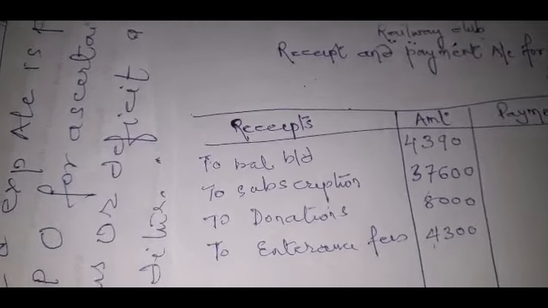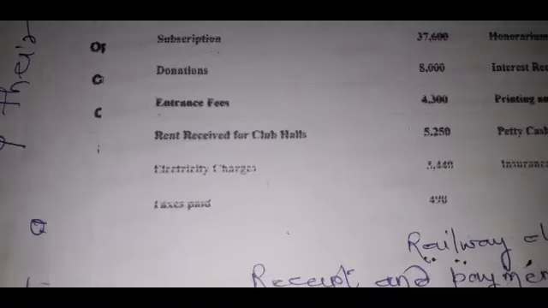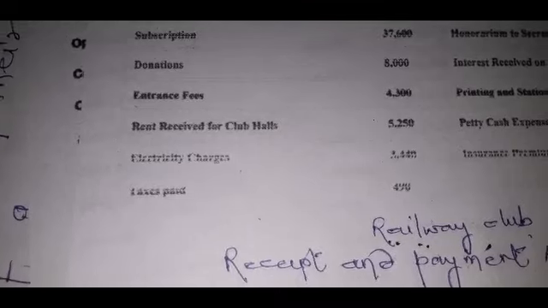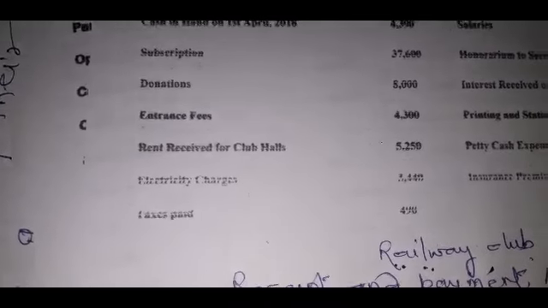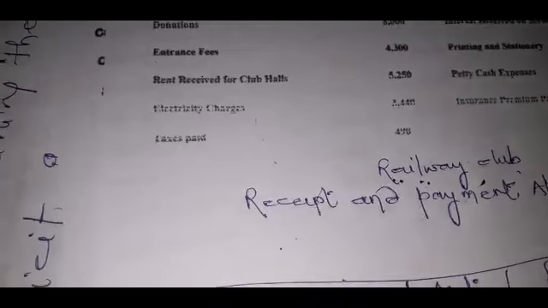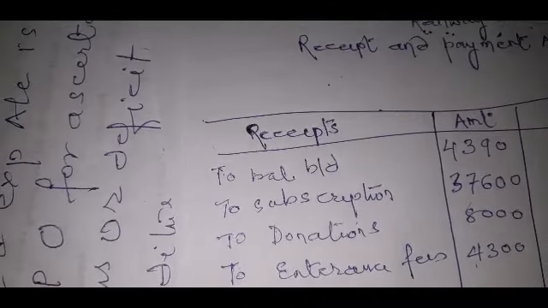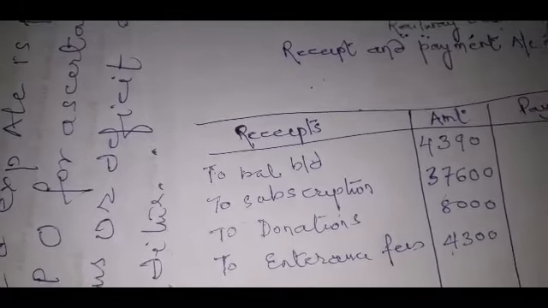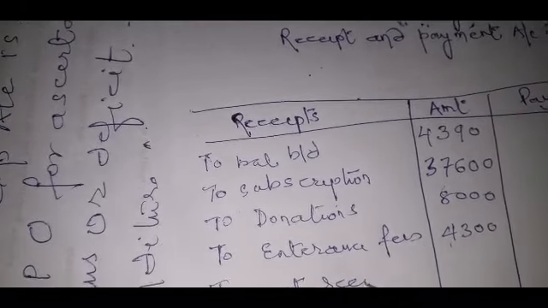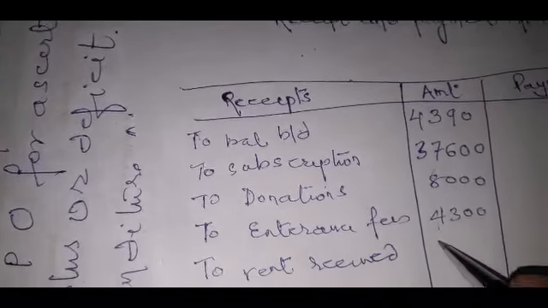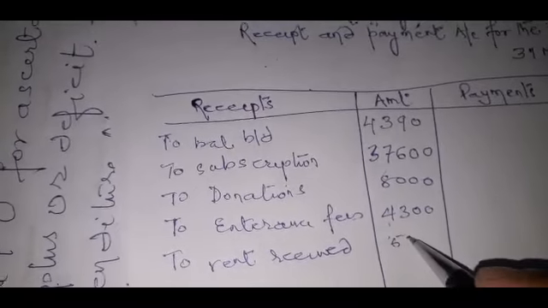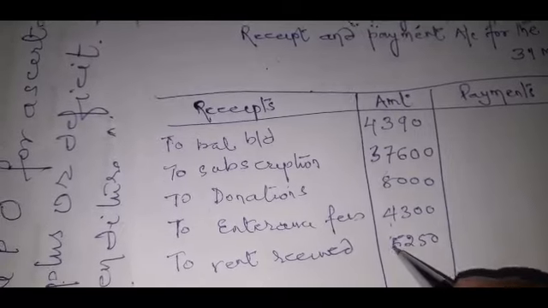The next item is rent received for club halls. Amount is 5,250. It's a receipt. It is mentioned there, rent received. So to rent received, 5,250 rupees.